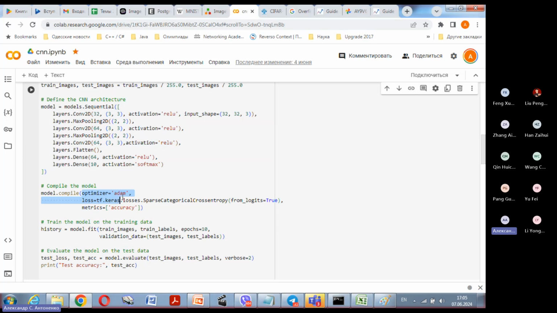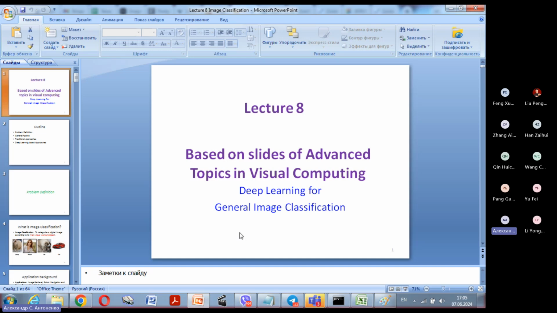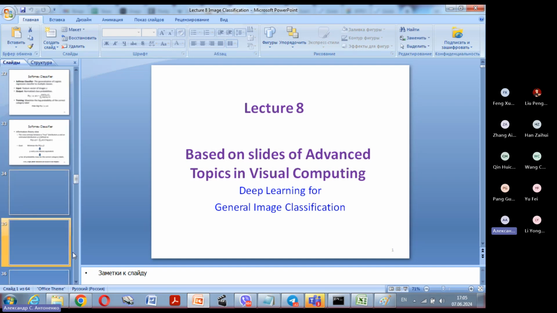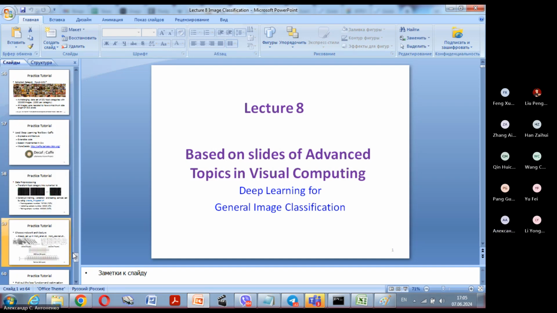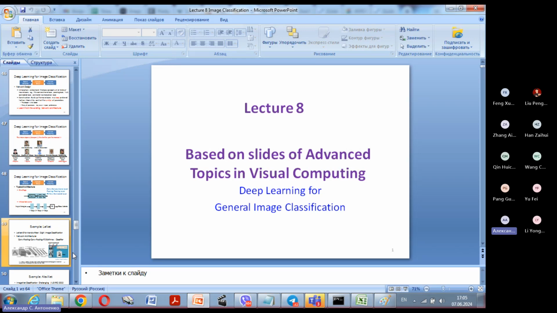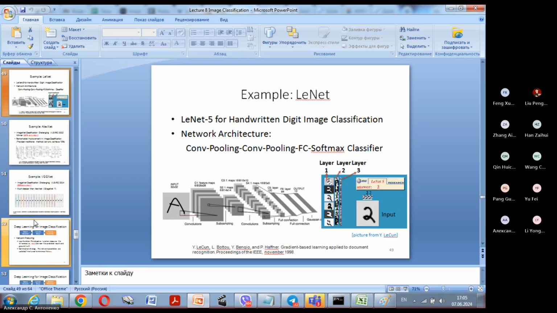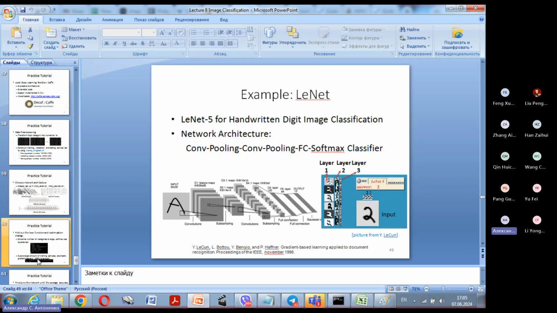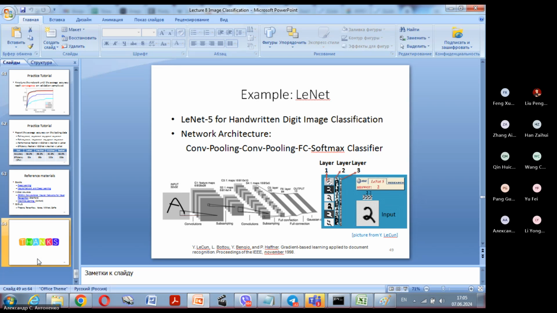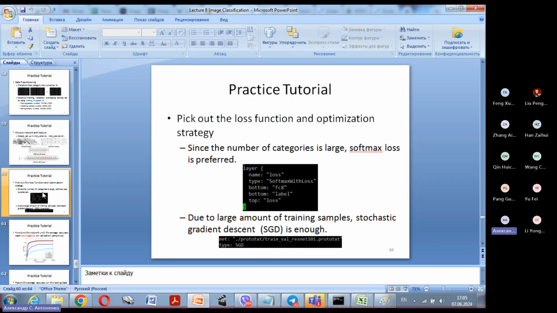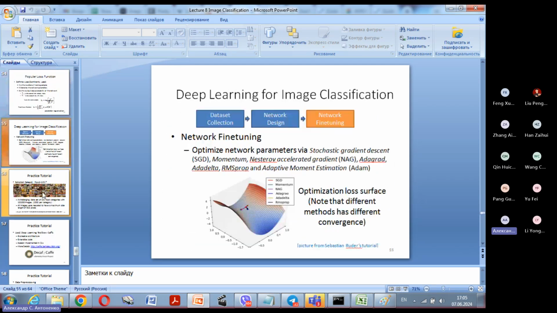I use the ADAM optimizer. Do you remember when we spoke about optimizations, how it can be? Where is it? Not here, not here. Here.